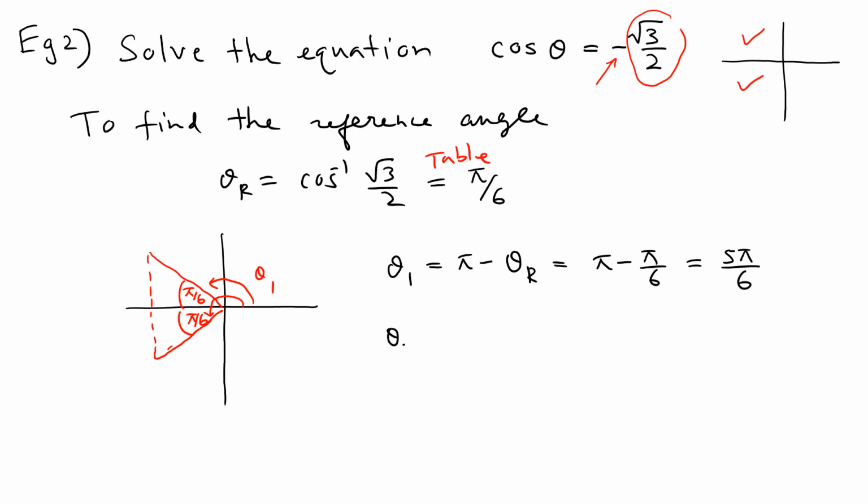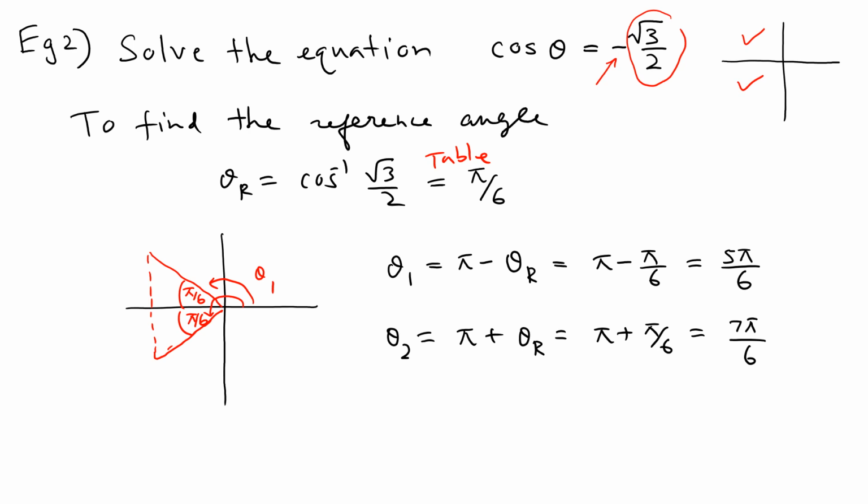For the second angle, it is pi plus the reference angle. So this is again pi plus pi over 6. Again multiplying by 6 and 6, you're going to get 7 pi over 6. So those are the two principal angles.